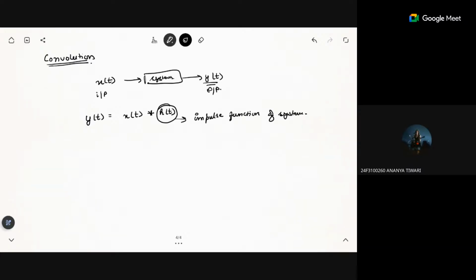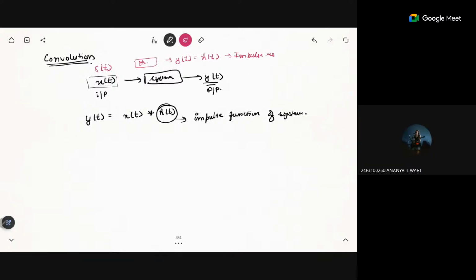Okay, yes. So basically, whenever your input x of t is a delta function and you pass it through the system, then the output is your h of t, which is the impulse response.